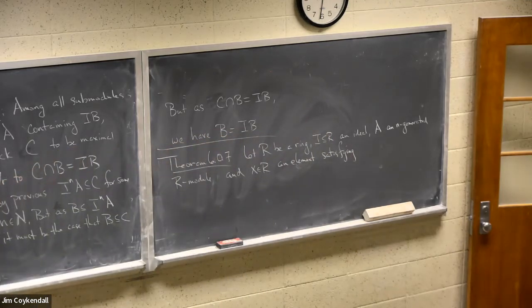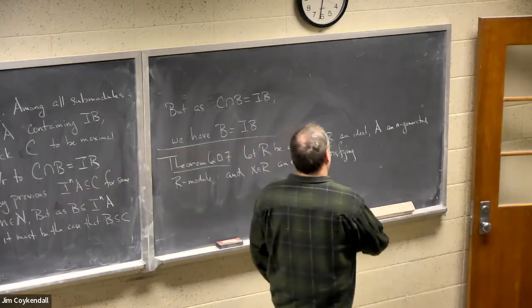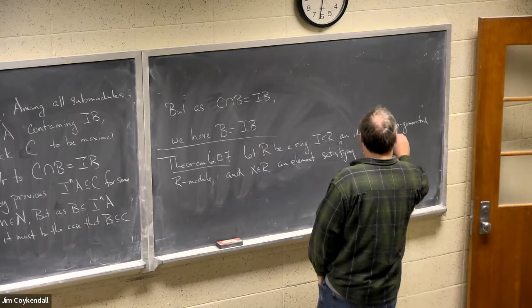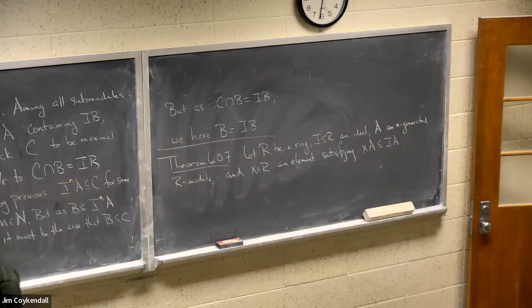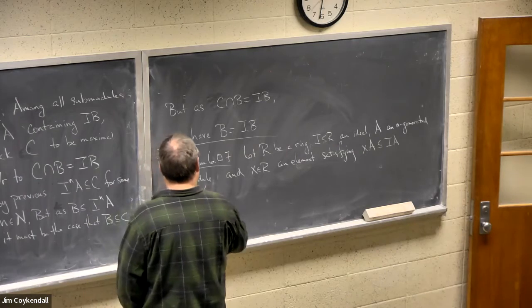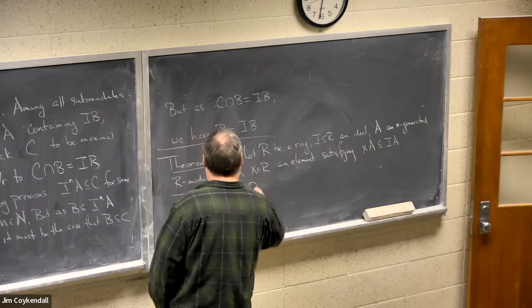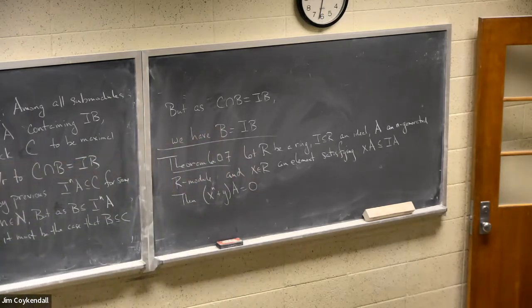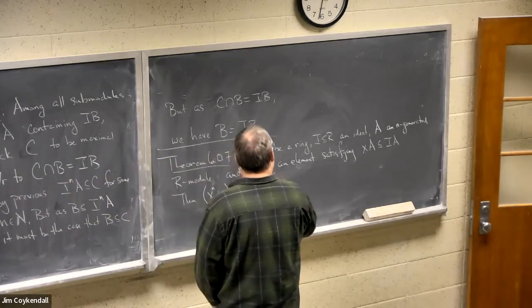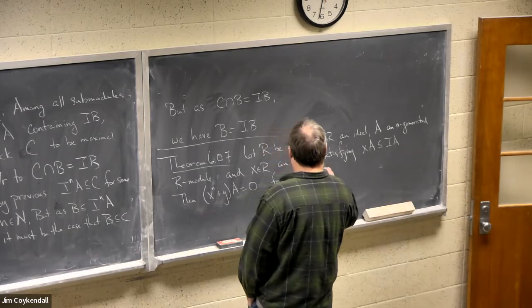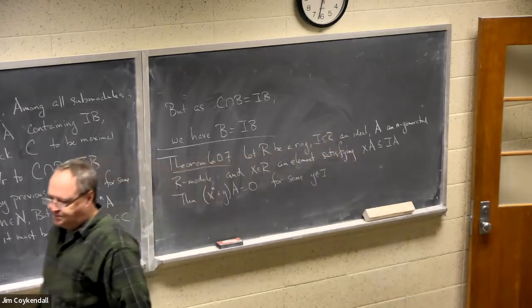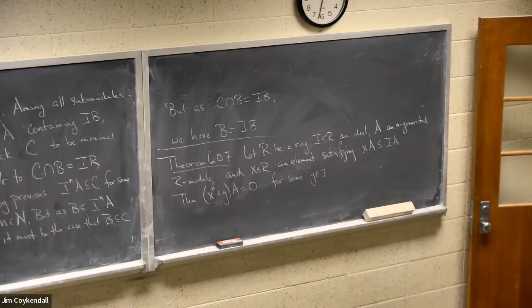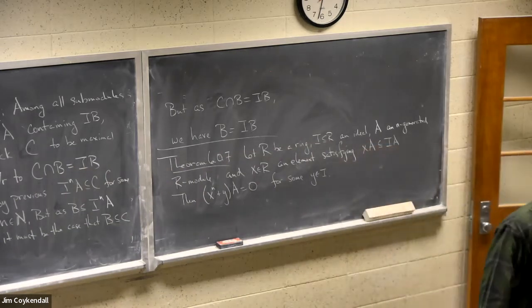I want XA to be contained in IA, don't I? Then X to the n plus y equals 0 on A, for some y in I. Okay, so this theorem always confuses me a little bit.